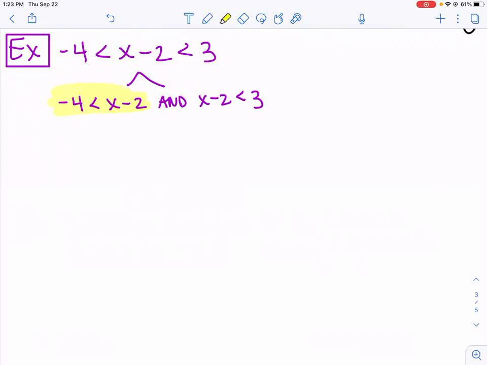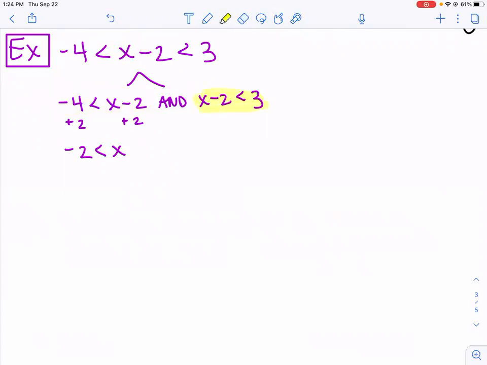Let's focus on this inequality right here. Okay. If I need to get x by itself, what am I going to do to both sides of my inequality? Add 2. So I have -2 is less than x, right? What? I don't know, I put 8 instead of x. Don't do that. Okay.